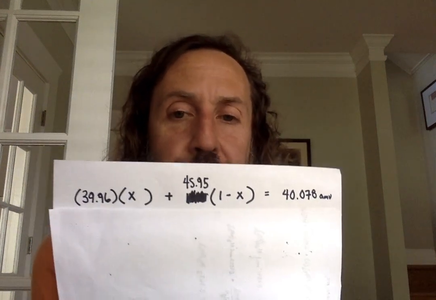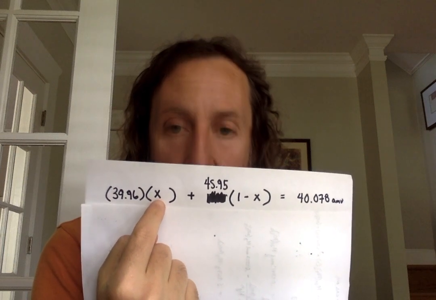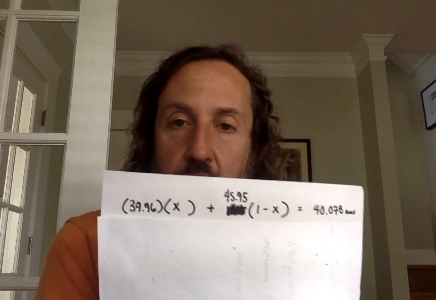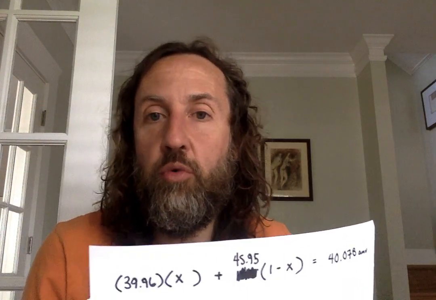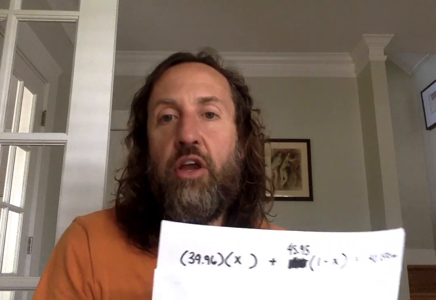Now, what we've got here is X, and then your two decimal percents, when there are two isotopes, have to equal 1, just like in percentages. If you have two grades in the grade book, they have to add up to 100%.